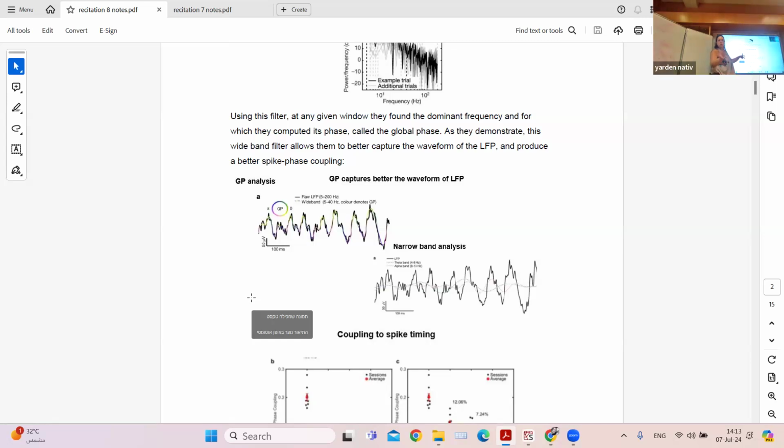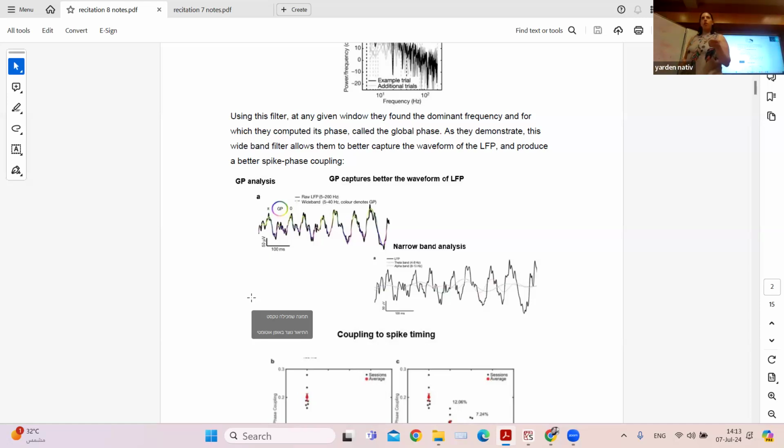You can see how good this filtering is in relation to the original signal, that it really captures the signal itself and not just filtering to something where you don't really know the relation. For example, if you take the commonly used bands of theta or alpha, you can see that there is almost no relation between this filter and the original signal.